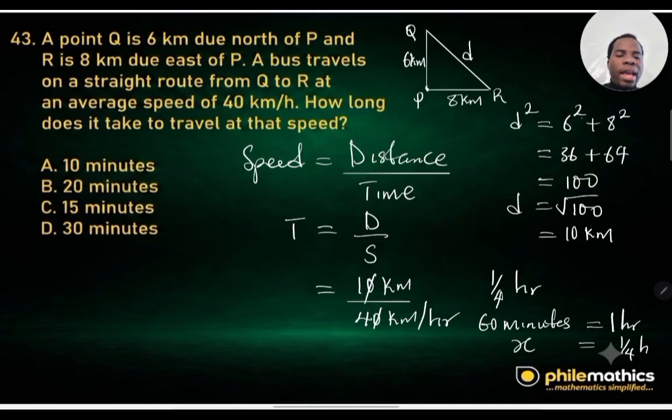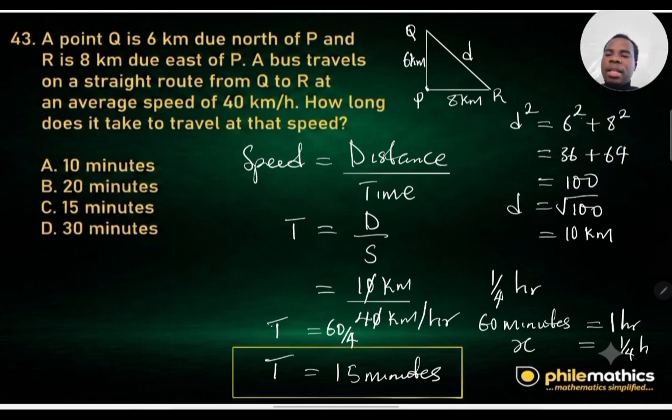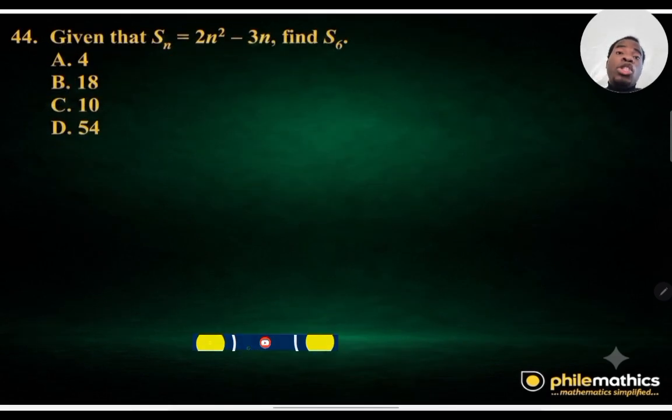If we cross multiply, x will be 1 over 4 times 60. The time, which is our x, will now be 60 over 4. So the time it takes to travel is simply 15 minutes. And that is C.